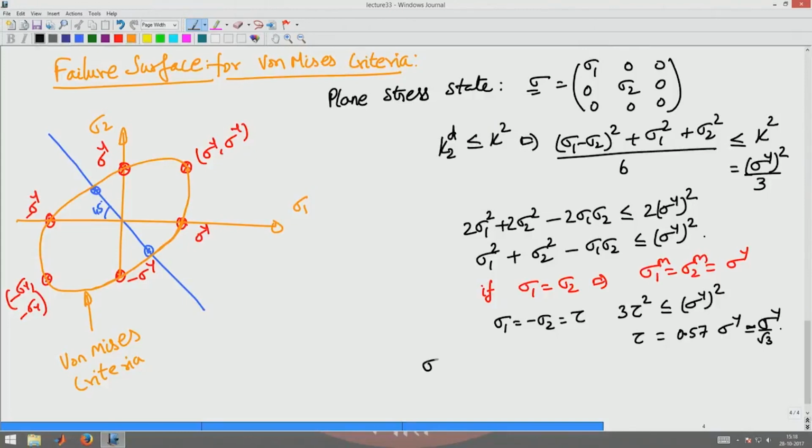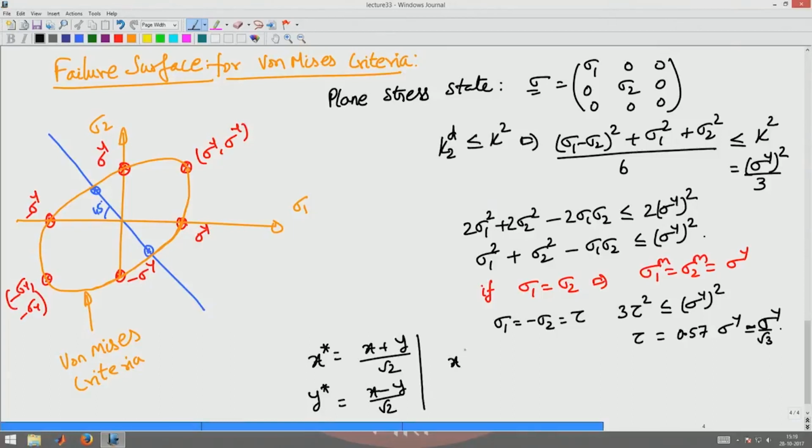Let us rotate. Let us say x star is x plus y by root 2 and y star is x minus y by root 2.